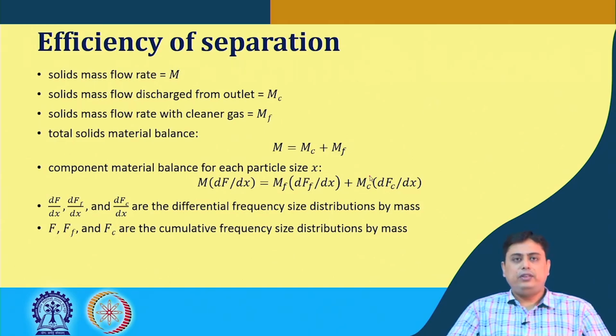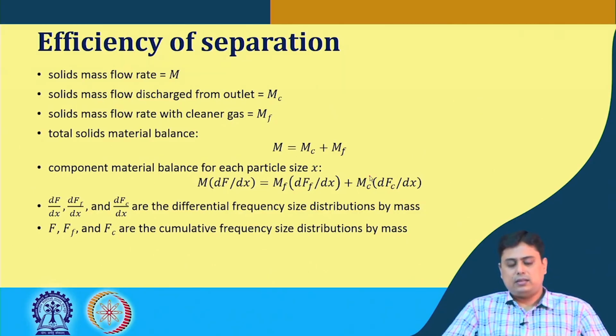Now, if we look at the efficiency of separation, say we define the solids mass flow rate as M, and the solids mass flow discharged from the outlet as MC. C stands for the coarse particles, because from the outlet it is the coarse particles that are being collected. And the solids mass flow rate with the cleaner gas, say that is MF, where F stands for the finer particles.